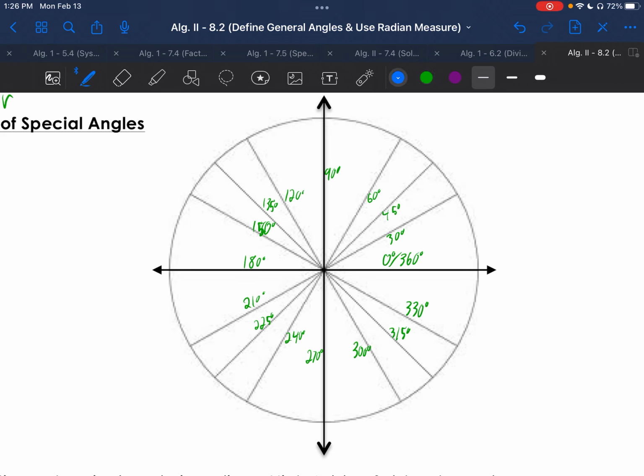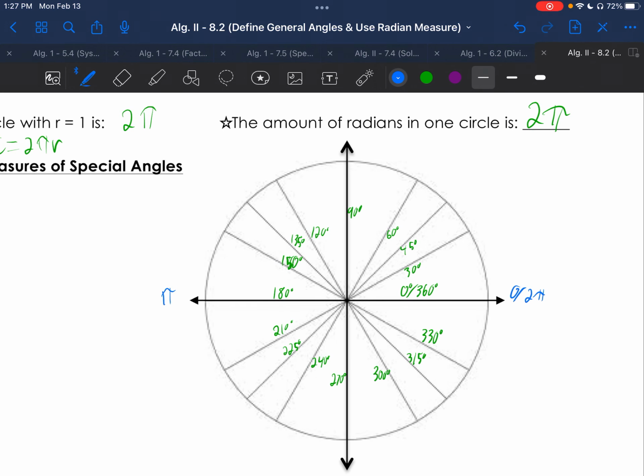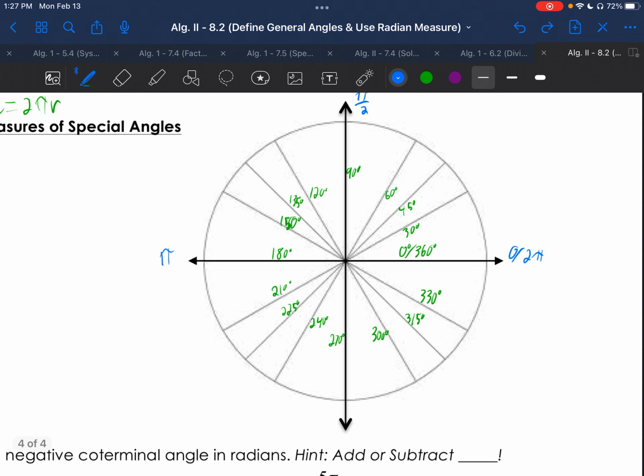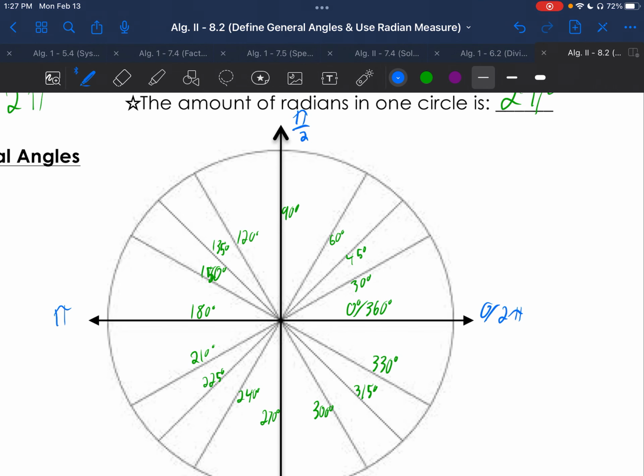Radians: we said that a full rotation would be 2 pi, meaning that halfway around would be pi. Half of pi, up here, would be pi over 2. Halfway between pi and 2 pi would be 3 pi over 2. And we continue going in parts here.